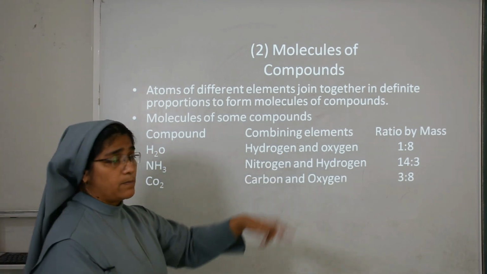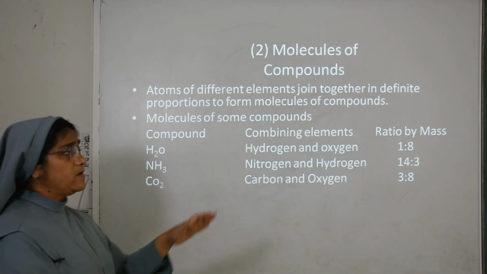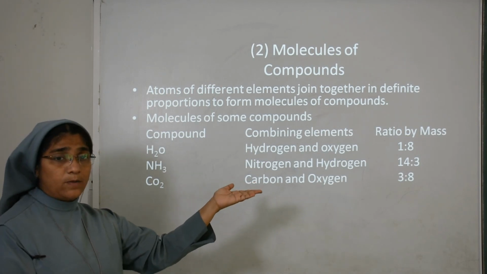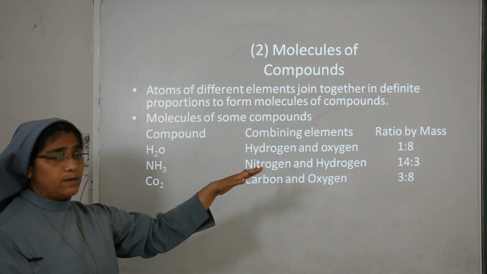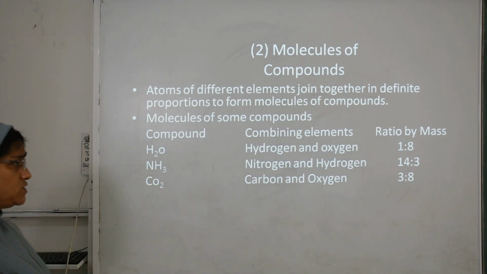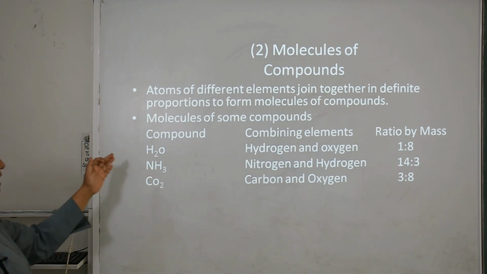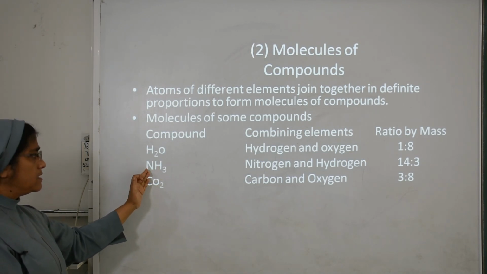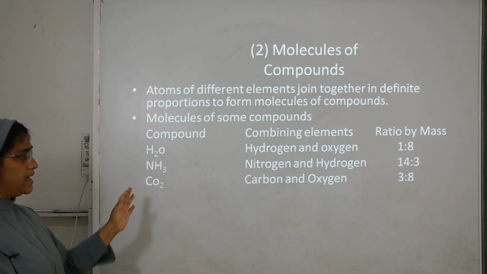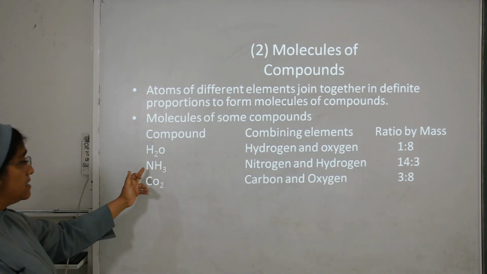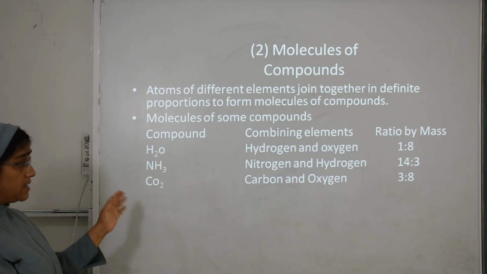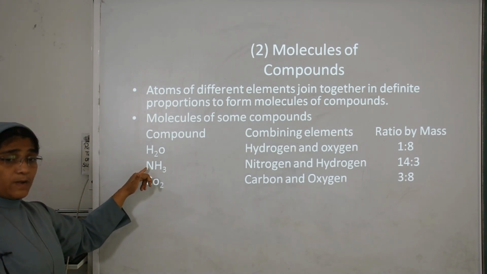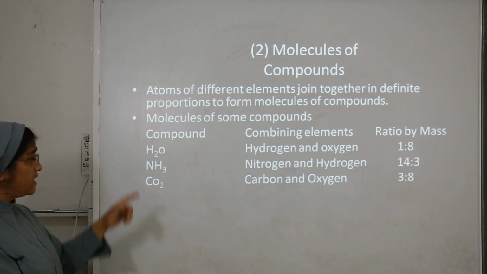The ratio by mass is 1:8, it will be constant. It cannot be 2:8 or 2:12. It should be 1:8. Why?